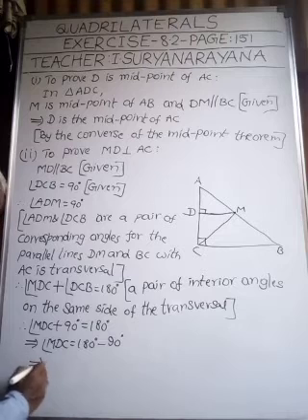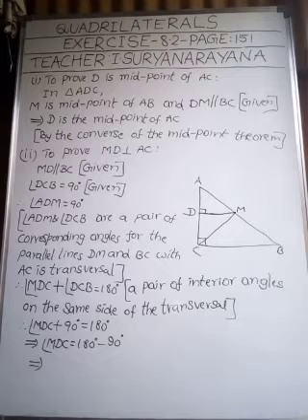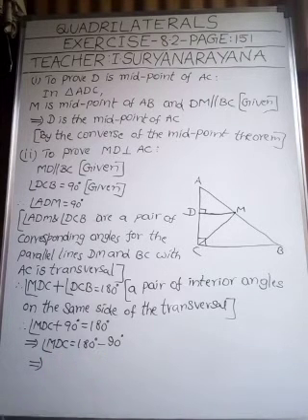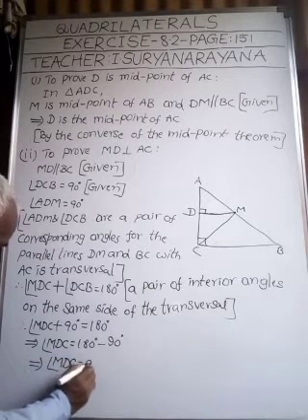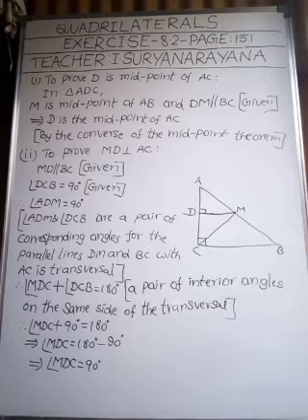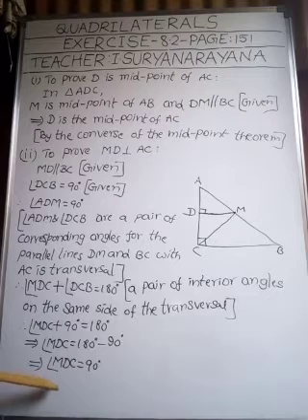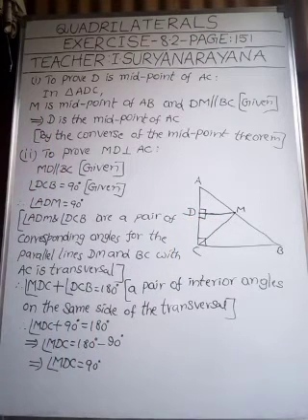We transpose plus 90 degrees to the right-hand side and it becomes minus 90 degrees. So angle MDC is equal to 90 degrees.